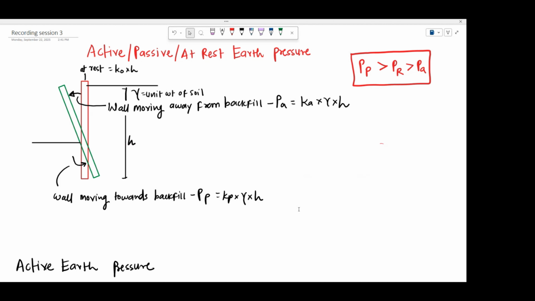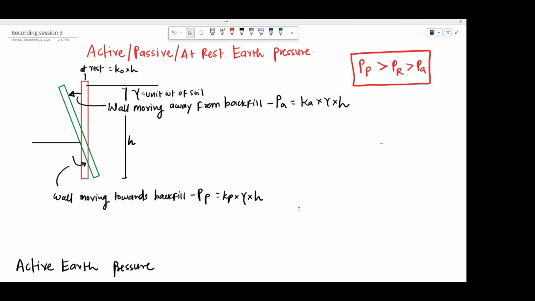Most people know what these pressure values are, but they don't know conceptually what their practical meaning is. So that's why I am going to explain that to all of you today.